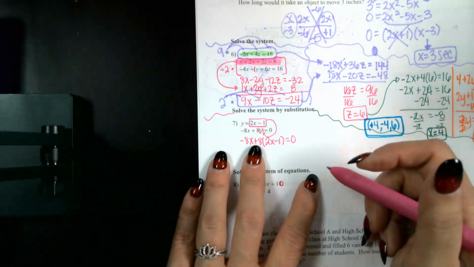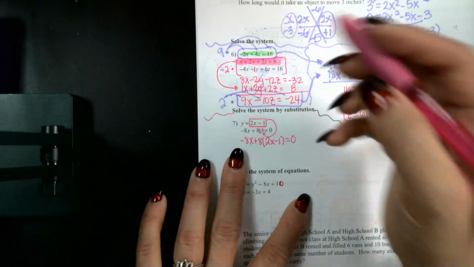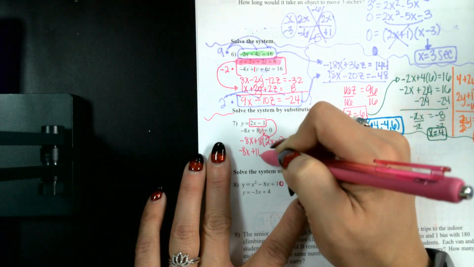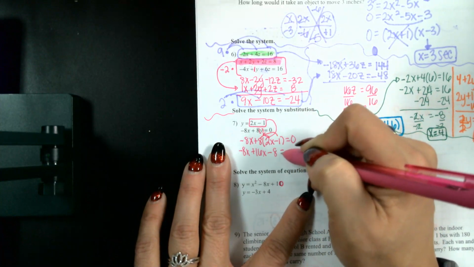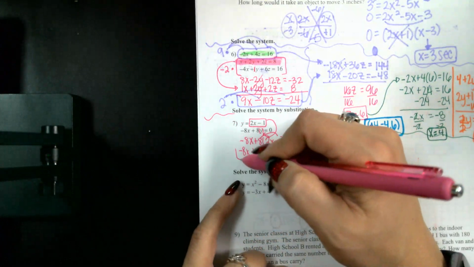Okay, so now we can actually solve this equation because there's only x's. I'd have to distribute 8 times 2x is 16x, and 8 times negative 1 is negative 8. And then we can put these two together.